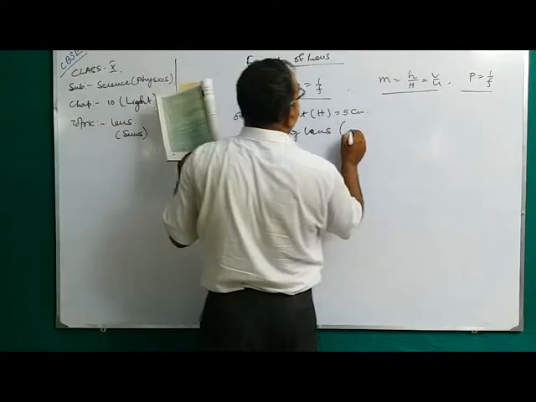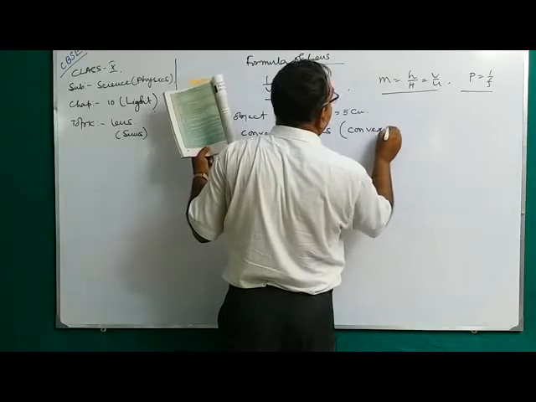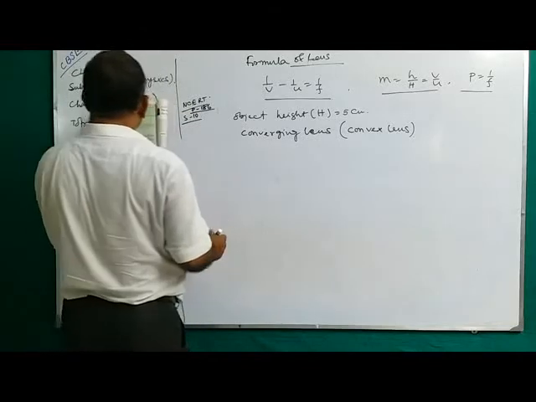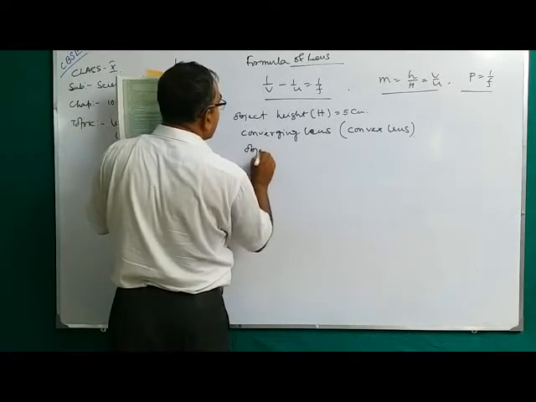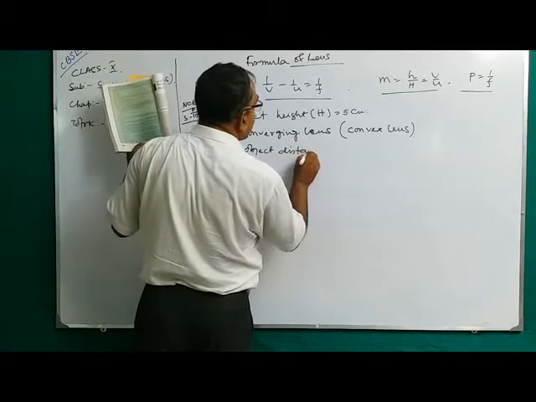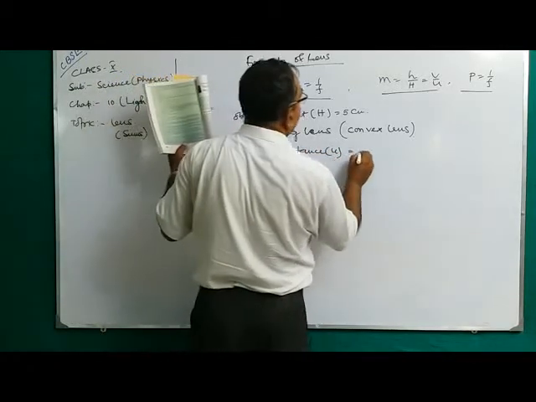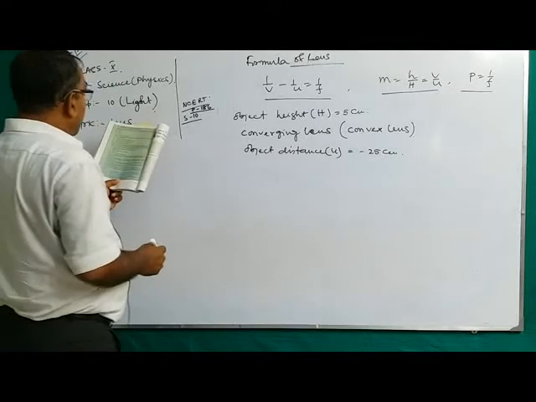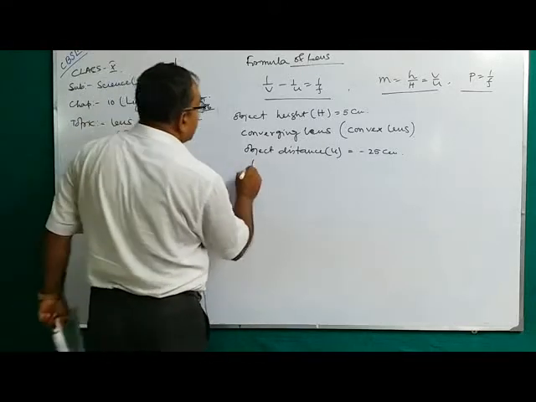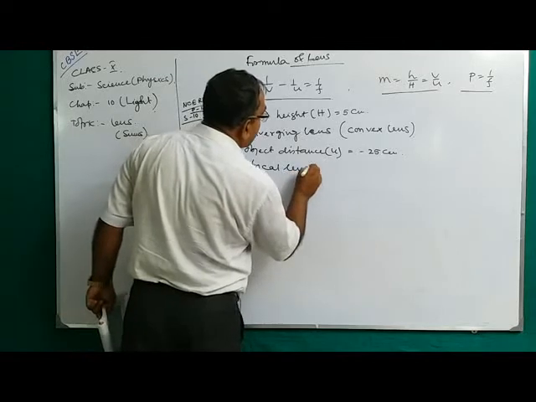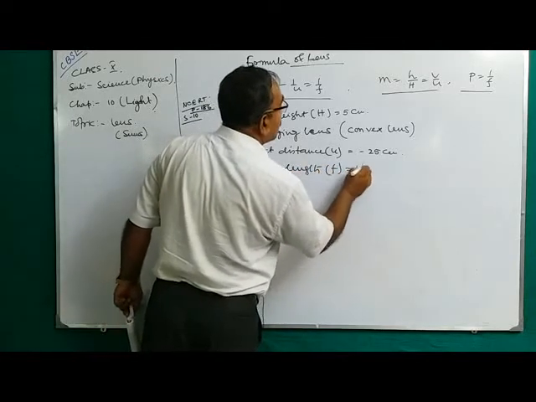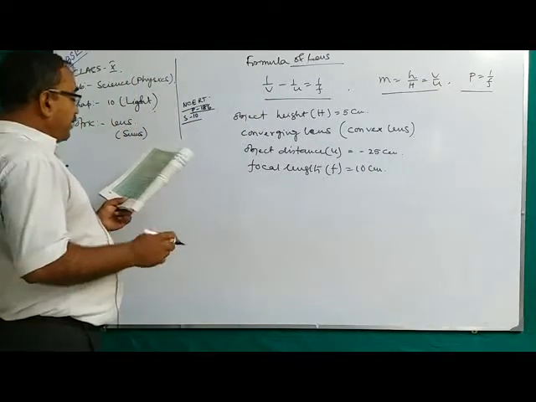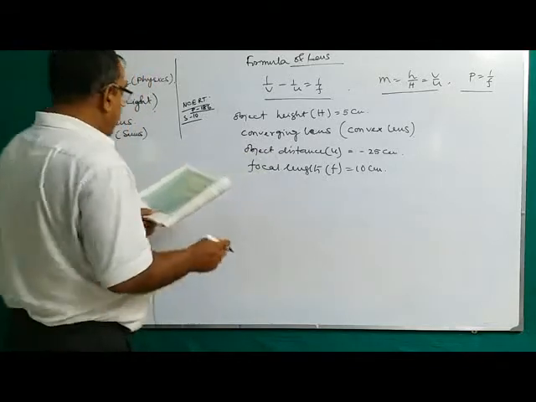Converging lens means convex lens. 25 centimeter away from the converging lens of focal length 10 centimeter. Draw the ray diagram and find the position, size and nature of the image.